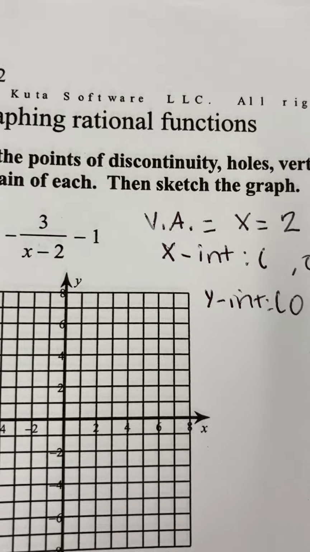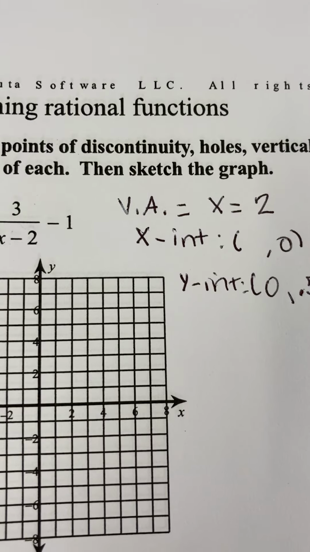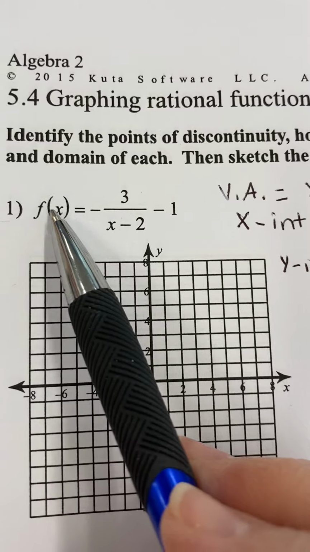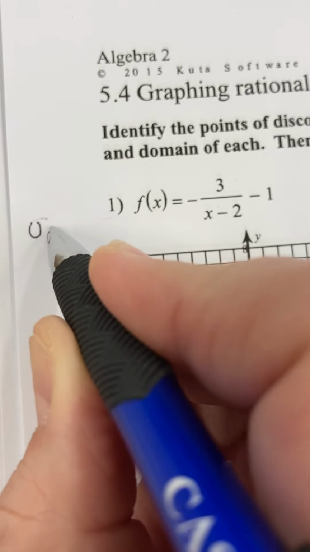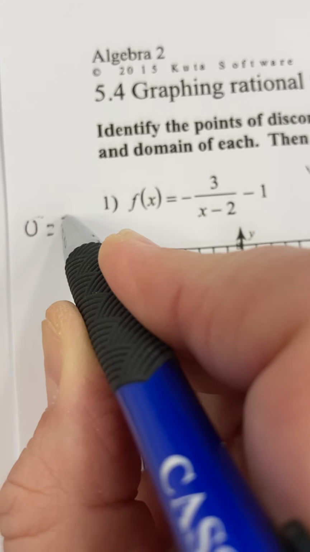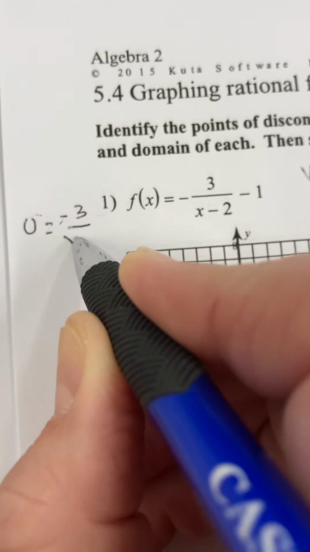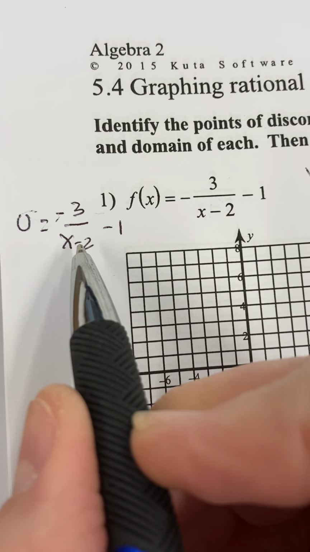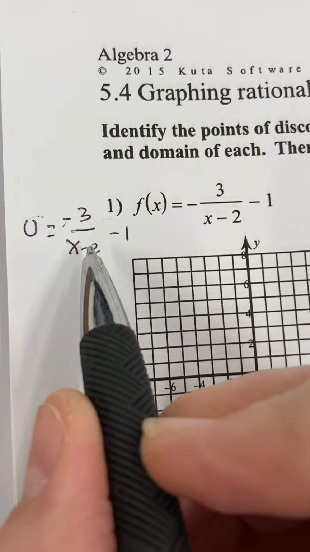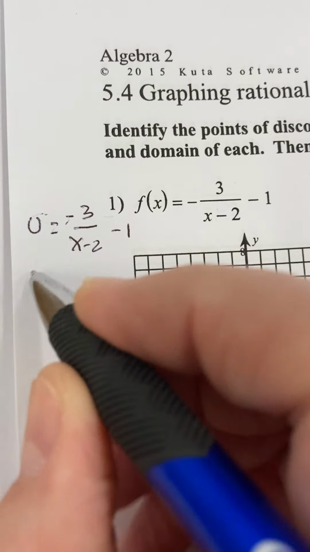Then you're going to find your x-intercept. That's when your y is equal to 0. So I'm just going to come over here and do that. I'm going to have 0 equals, I'm going to move that negative on the top, negative 3 over x minus 2, minus 1, and I'm going to solve for x. By solving for x, I'm going to add the 1 over.